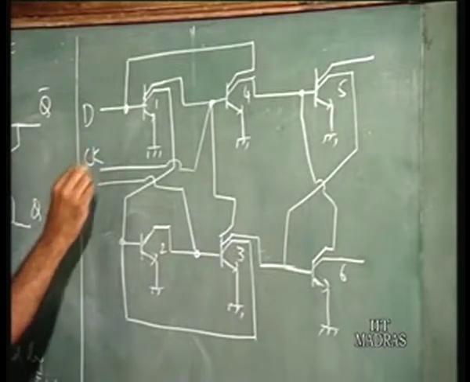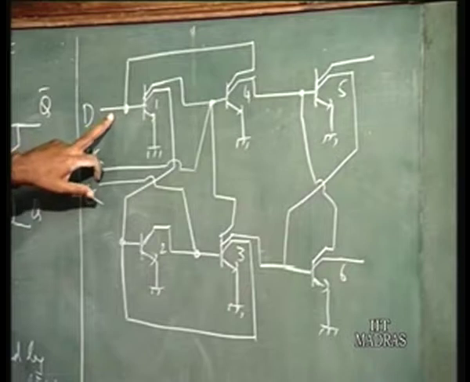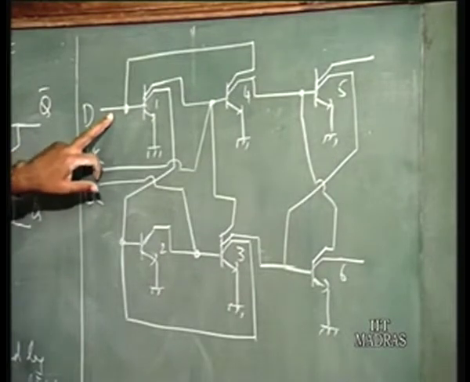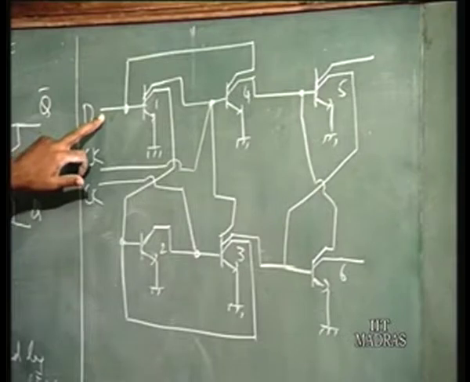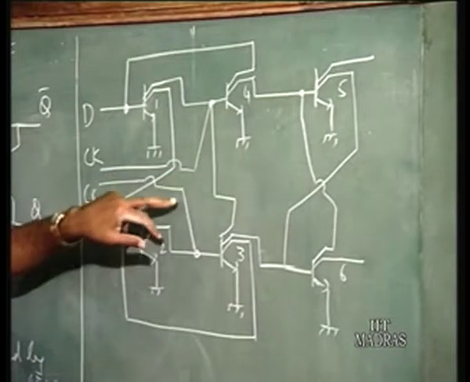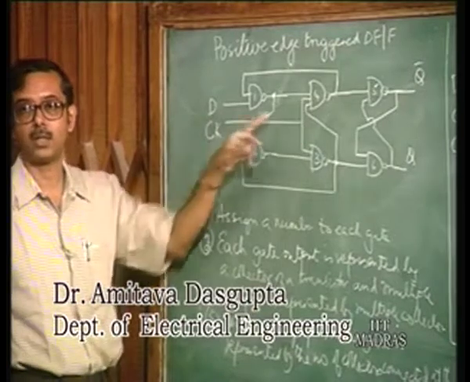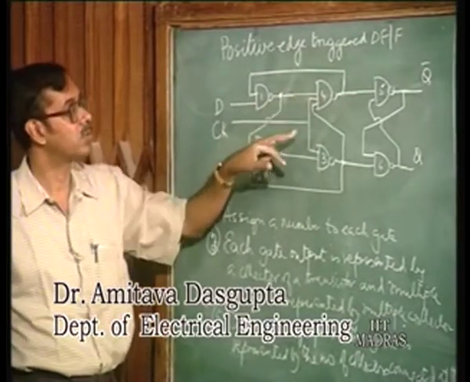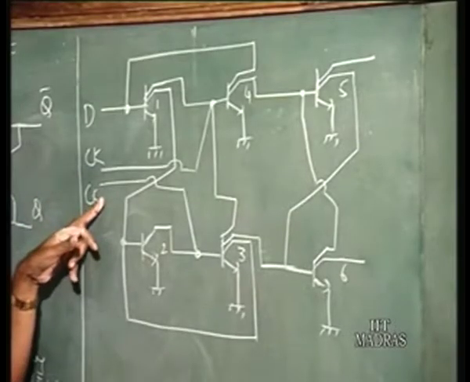You must remember here that in I squared L, in the NAND configuration, each of these inputs is actually the collector of a transistor, coming from the collector of a transistor. And it is very important to note that, although in the circuit we have drawn one clock input like this, and one goes to 4 and one goes to 3, here I have drawn 2 clock inputs.